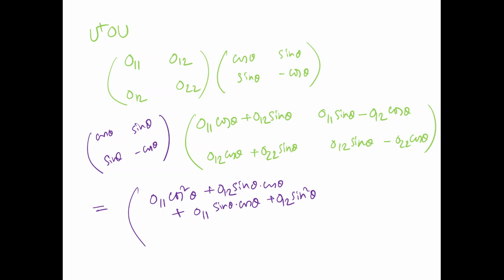Can you check where I'm getting wrong? So if you multiply O and U, this is giving you O11 cos theta plus O12 sin theta.